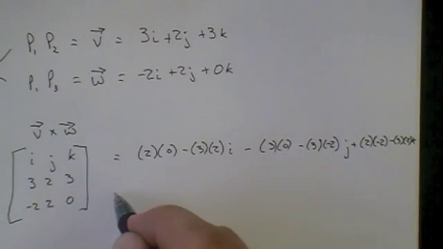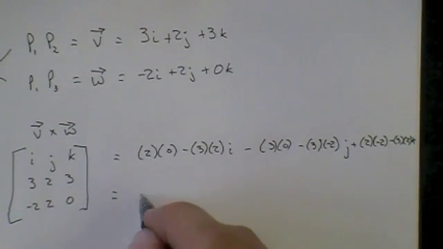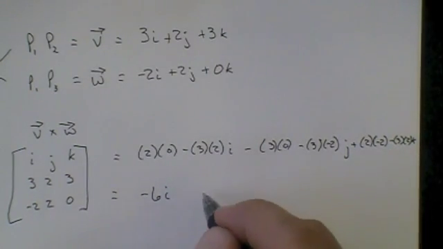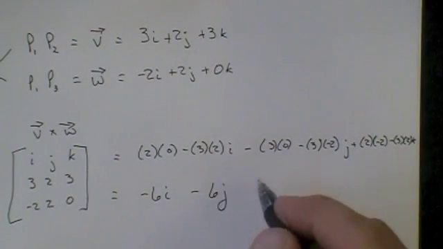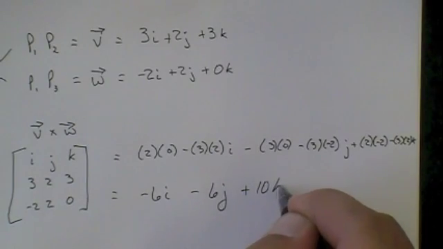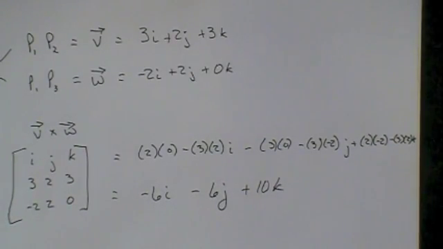So that is going to give us negative 6i minus 6j plus 10k for the cross product.